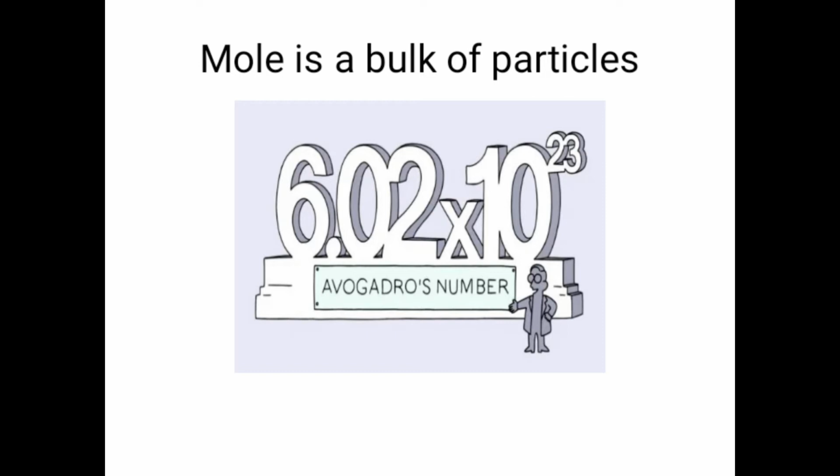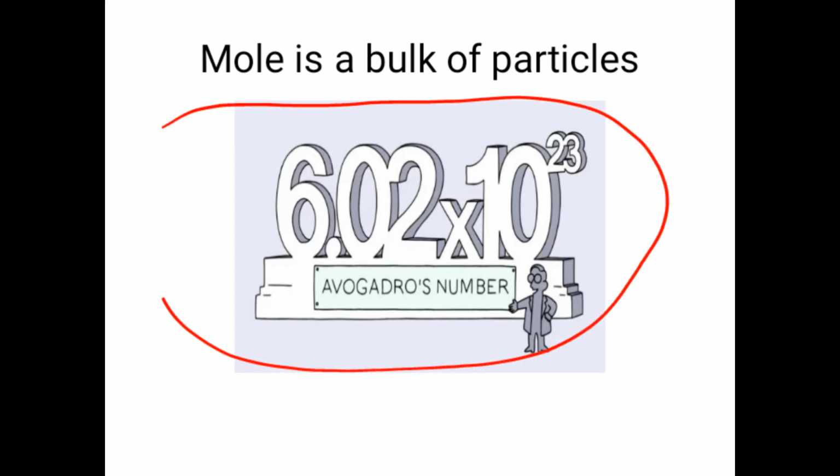Mole is the unit of quantity, but mole has 6.02 multiplied by 10 raised to the power 23 particles. Particles can be atoms in case of elements, molecules in case of covalently bonded compounds, and ions when the substance is an ionic compound.